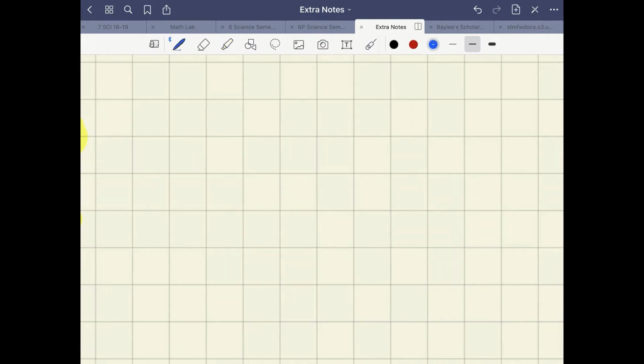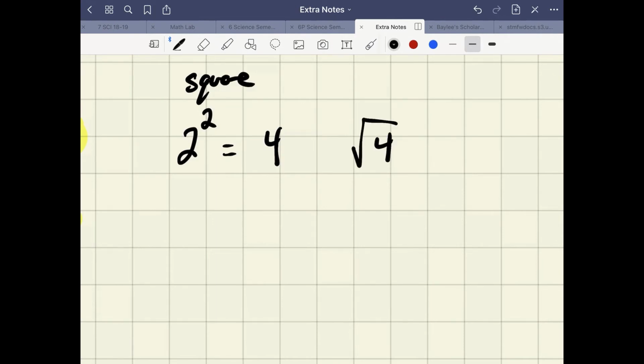Mathematically speaking, this also makes sense. If I took 2 and squared it, I'd get 4. So if I first square, then if I took the square root of 4, I would get 2. These are known as inverses. That means that they cancel each other out.